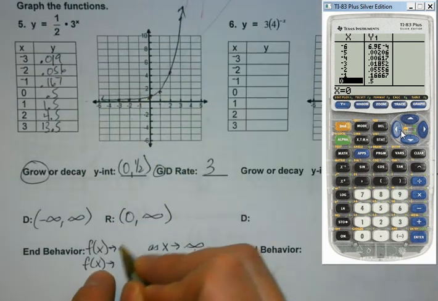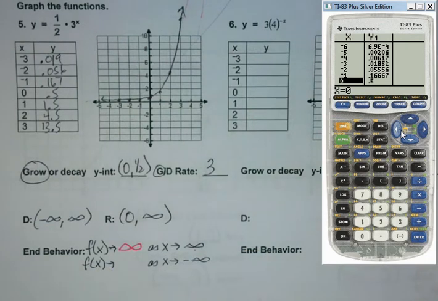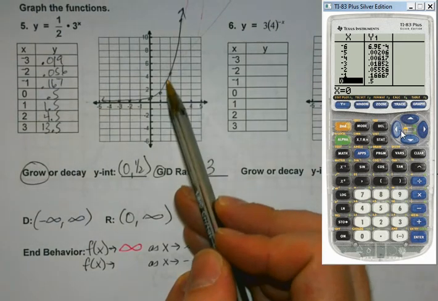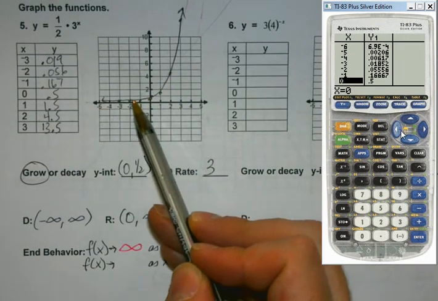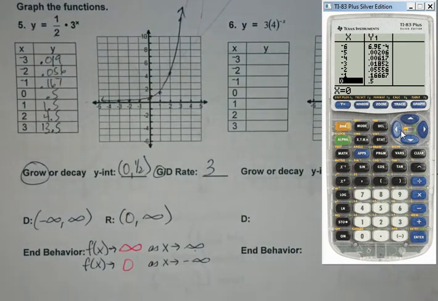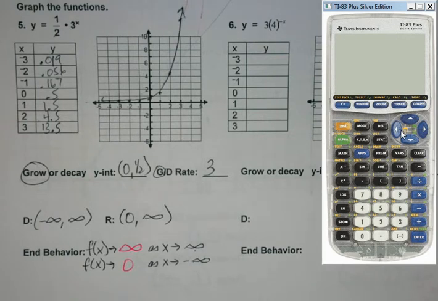Right? Y is heading up, so we're heading off to infinity. That's our fancy way of saying up. But as my x values are heading to the left, what do I approach? 0. You're like, dang, it keeps being infinity and 0 all the time. For now, yes, it does. Might that change a little? Maybe.